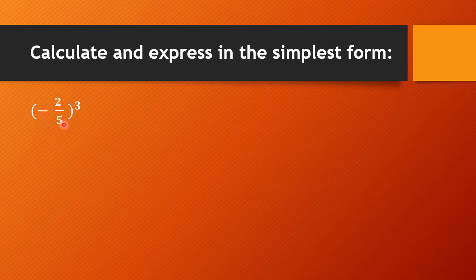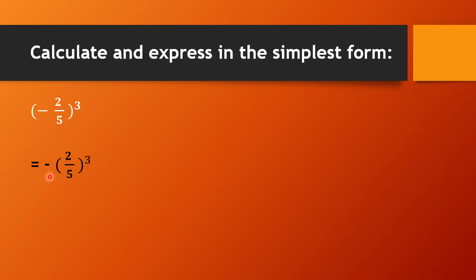(-2/5)^3. In this exercise, we can see that the base is a negative number and the power is an odd number. So we will bring the negative sign out of the bracket.